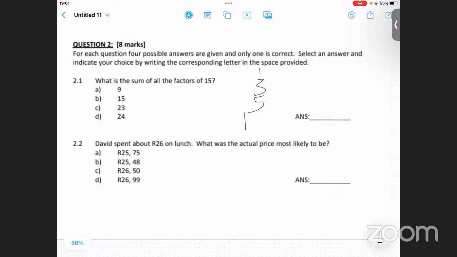Okay, perfect. That's correct. So when you are required to give the factors of a number, 1 and that very same number will always be there. If they want you to give the factors of 2, 1 and 2 will always be there. What's in between, we'll just see. But 1 and that very same number. So what is the sum of all the numbers that you see here? 1, 3, 5, 15.